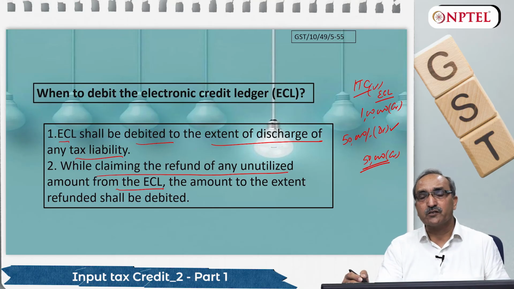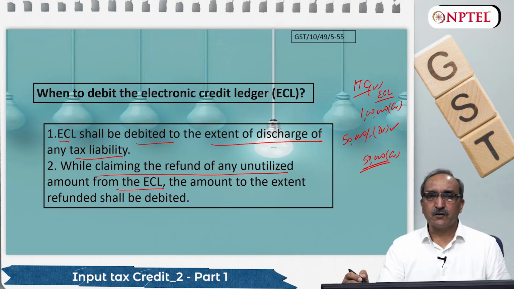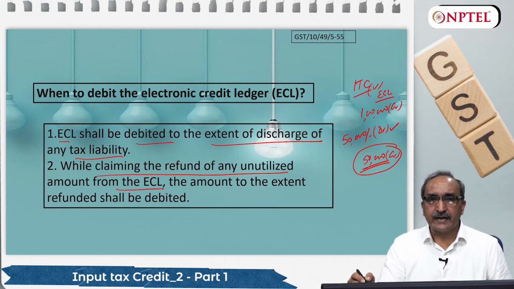Or sometimes you export goods. Because export is not subject to GST, the GST liability is not there, so you are eligible to get a refund in your bank account. This 50,000 rupees is lying unutilized in the credit ledger, and you know it will not be used in future because you now have exports only.